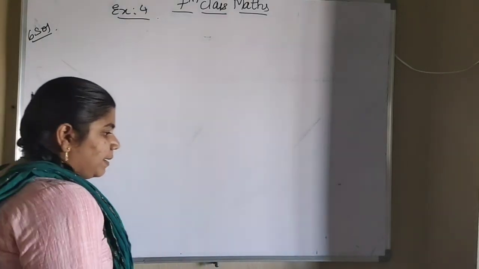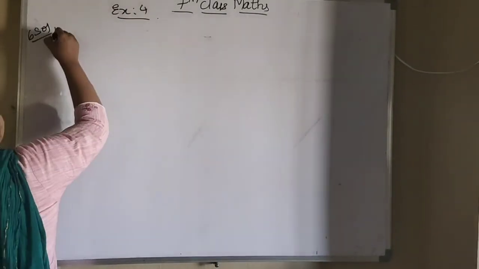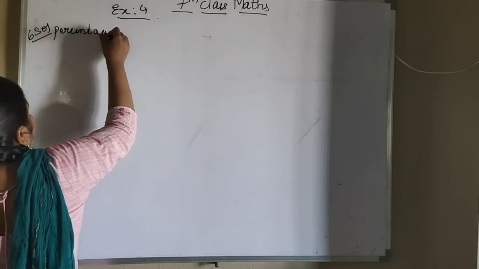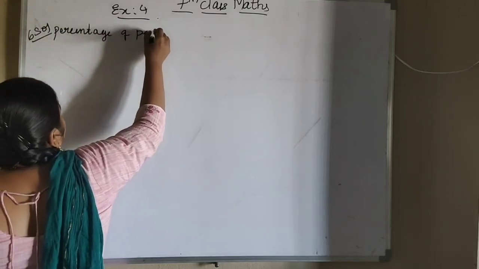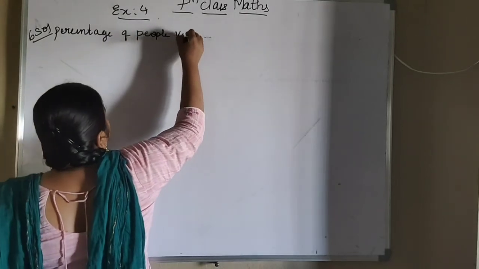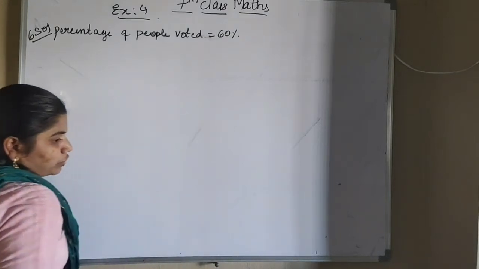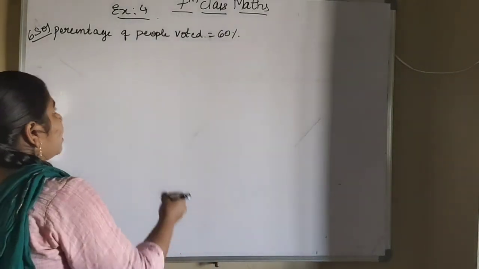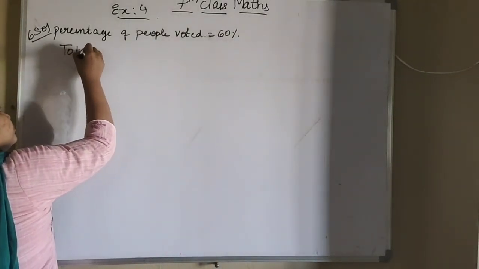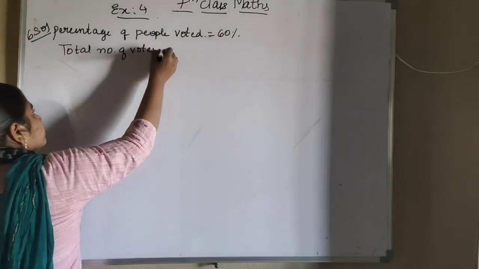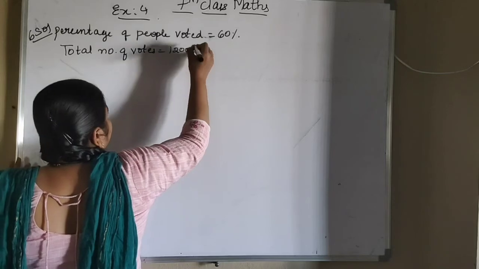So what is that percentage of people voted? How many were voted? That is 60%. And total number of voters are how many? 12,000.